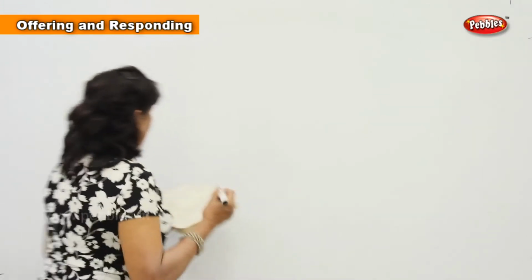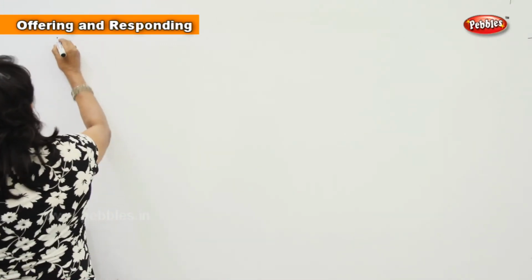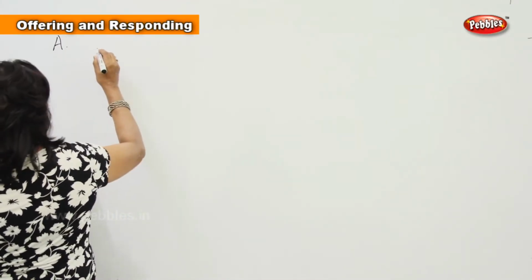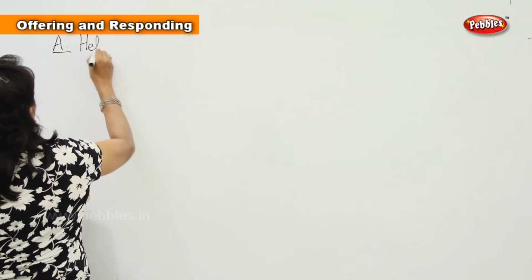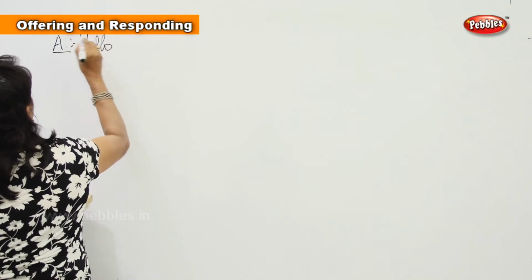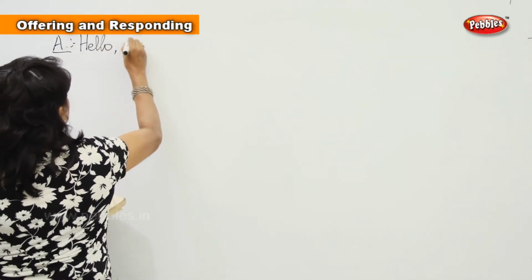Okay, now I am going to give you a telephonic conversation where somebody is offering help and how the other one accepts or rejects it. Okay, take down this conversation and we will practice it orally. A telephone conversation between A and B. Hello, is it?